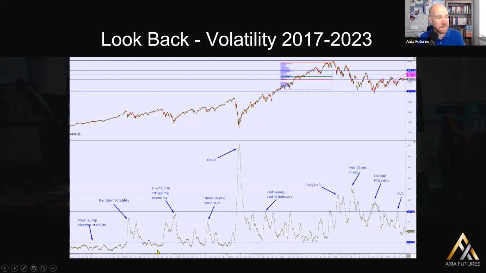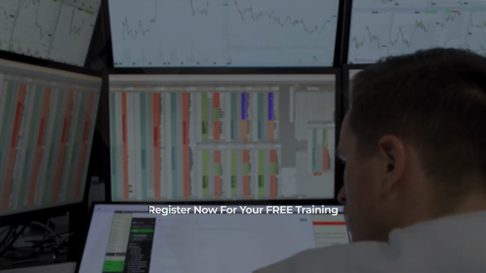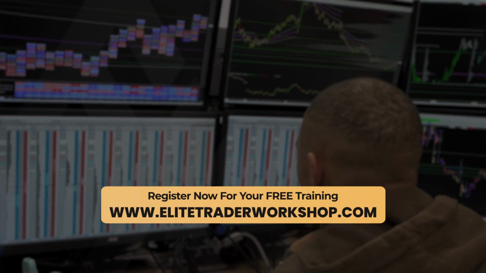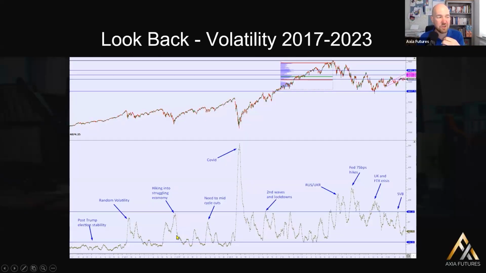This is 2018-19 area, where we did have some uncertainty about where the central banks were going next, what was coming next. And this created bouts of volatility, mid-cycle cuts. So we got some bursts of volatility. You see here, ranges not really getting much above the sort of 50 area. So that then gives you an expectation about how much movement we're going to start to see.